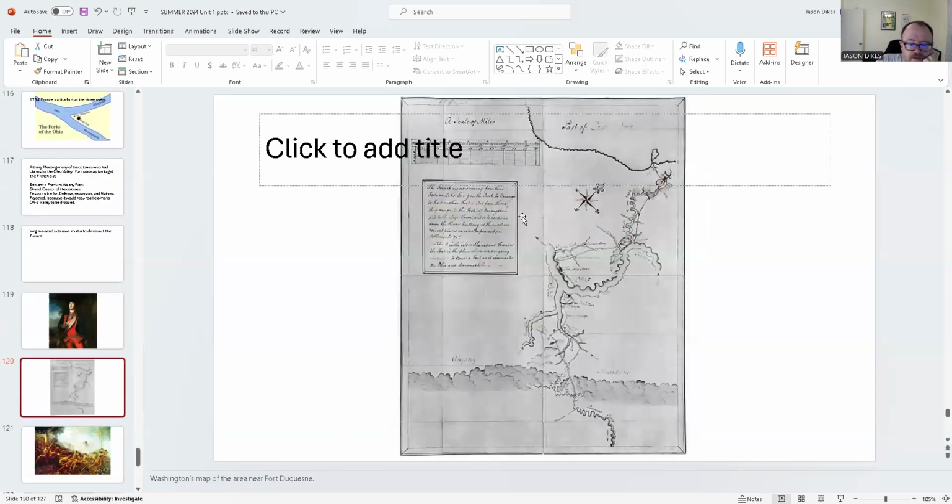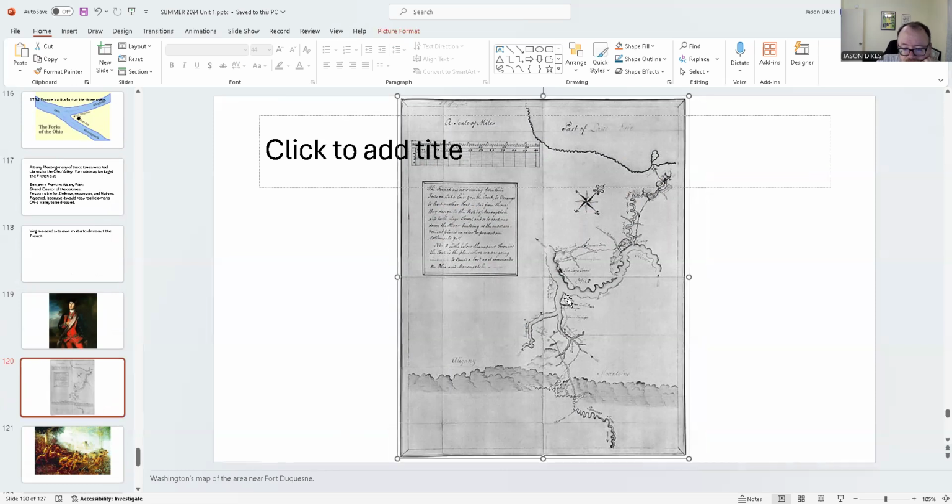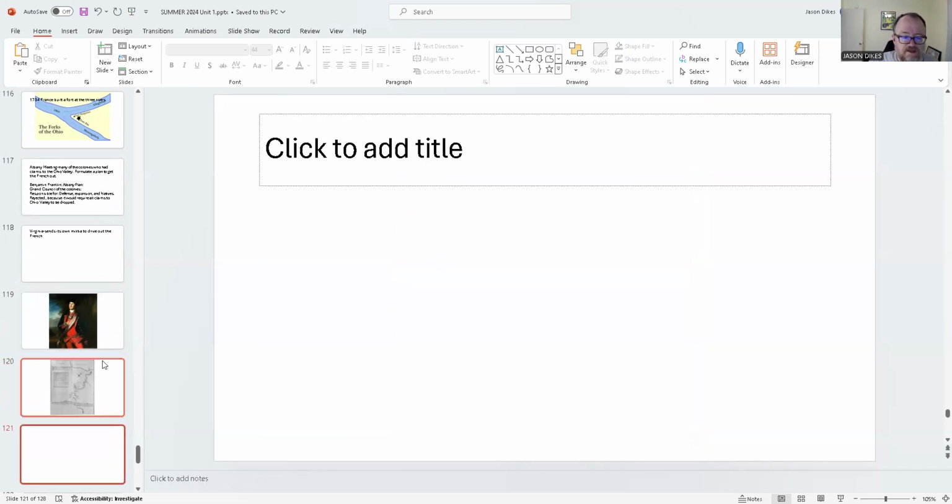Washington did a little mapping while he was out there. He is a surveyor, so there's the Ohio, and you can see the other two rivers. So Fort Duquesne would be right about in here. Washington never even got close to Fort Duquesne.